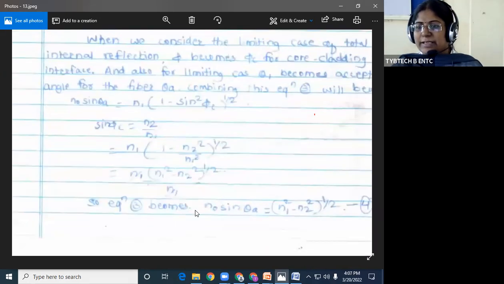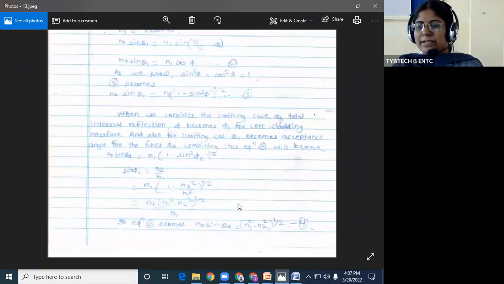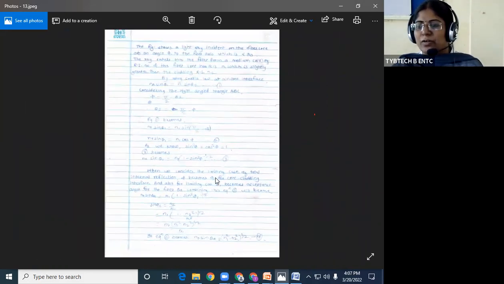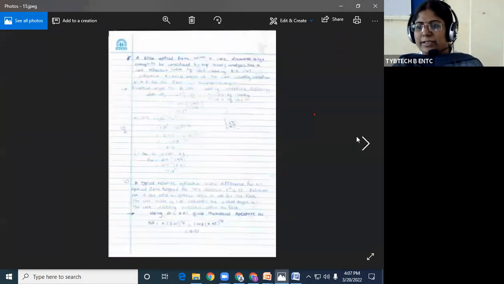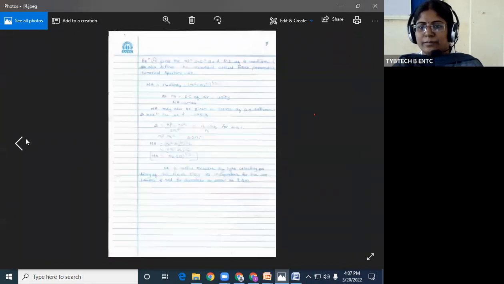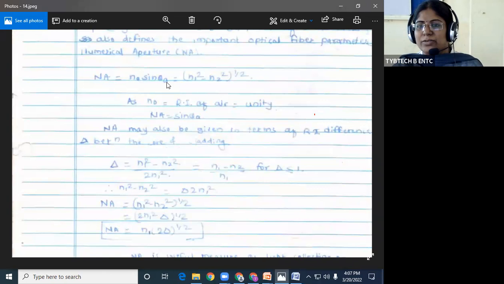So the next point is nothing but this equation 4 is giving the derivation of numerical aperture. So I will just write the next equation. See, NA is equal to n0 sin theta a is equal to n1 square minus n2 square bracket raised to 1/2.